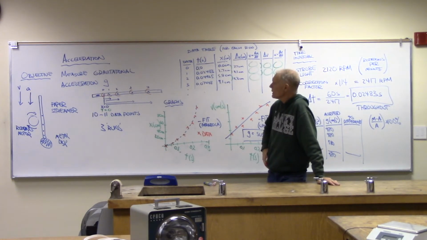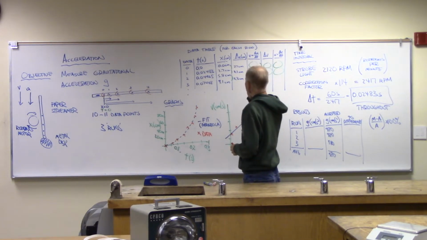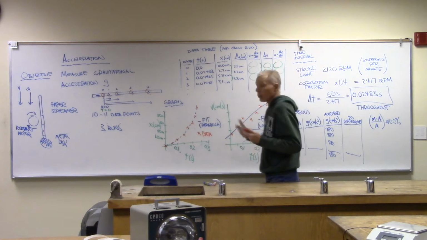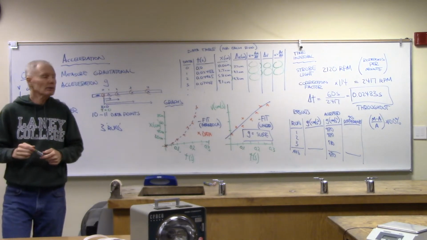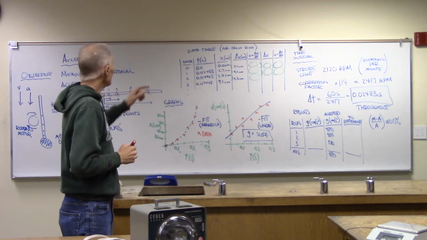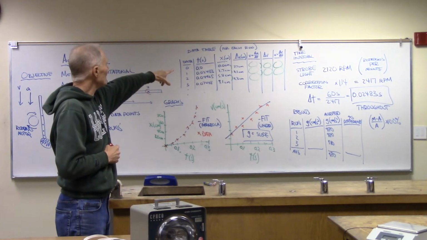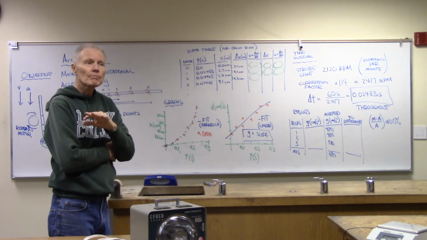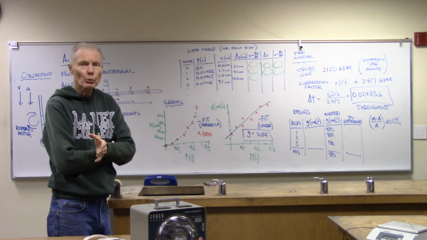We can understand why, because it turns out, looking at this data table, you might think, well, it looks fine. Everything is very systematically outlined. The problem we run into here is every time we do a delta x or a delta v measurement, the numbers that we end up with could be off by a millimeter or 2.